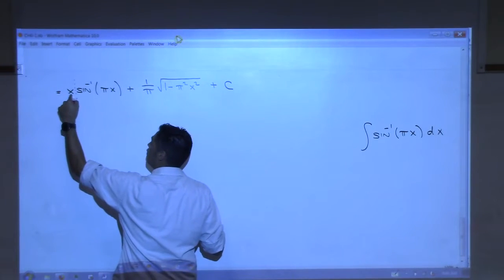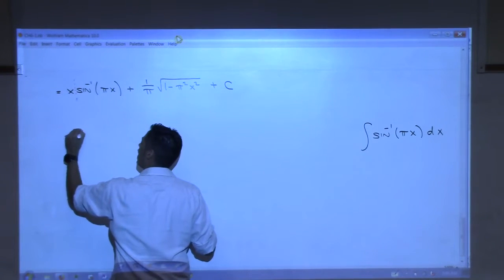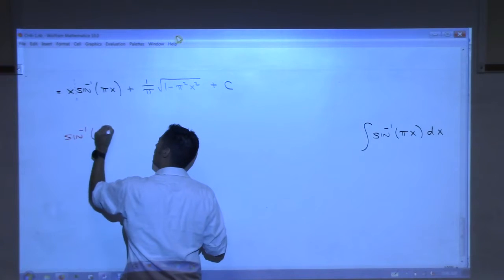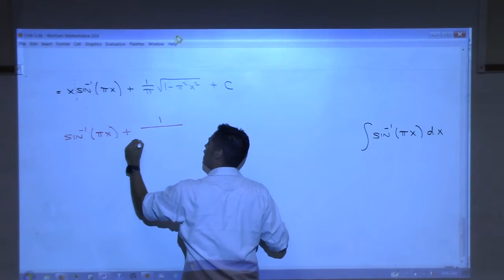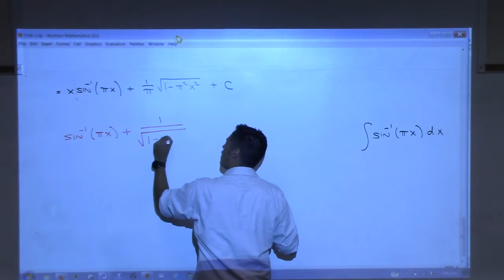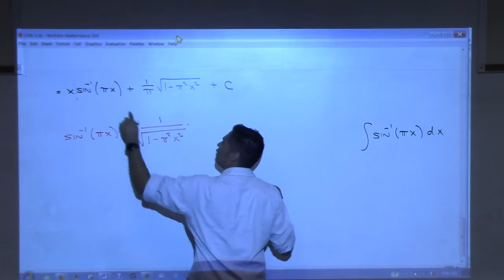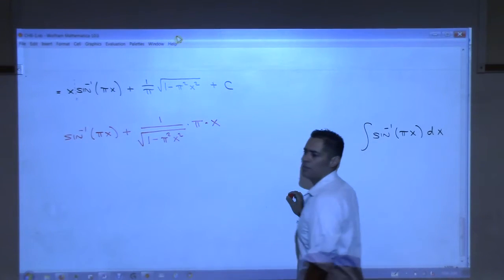When we do product rule, derivative of this, 1 times this. So we have arcsine of pi x plus the derivative of arcsine of pi x, 1 over square root of 1 minus pi squared x squared times the derivative of what's inside, pi, times the first function, x. Right?